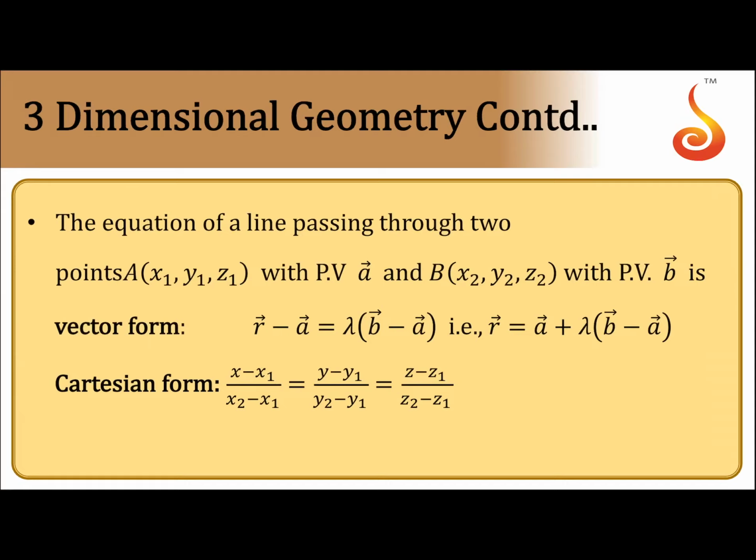Coming to the next equation, 2, the line passing through 2 points or line joining the 2 points, a position vector a bar, b position vector b bar. Equation to this line: if you take any point P whose position vector is r bar, then the locus of P is the equation to the line joining 2 points, r minus a is equal to lambda times (b minus a).